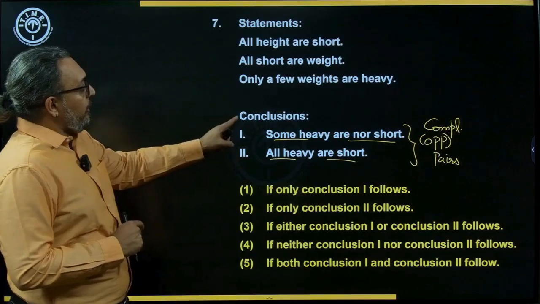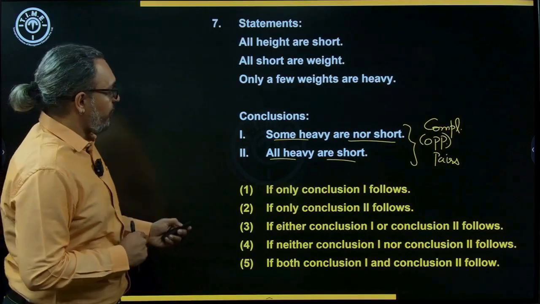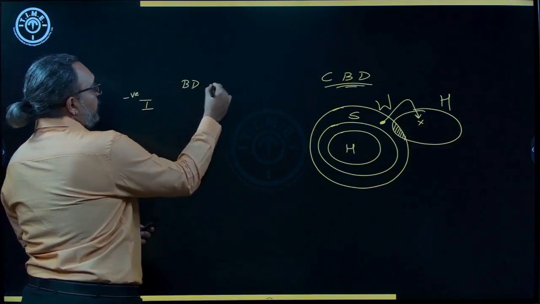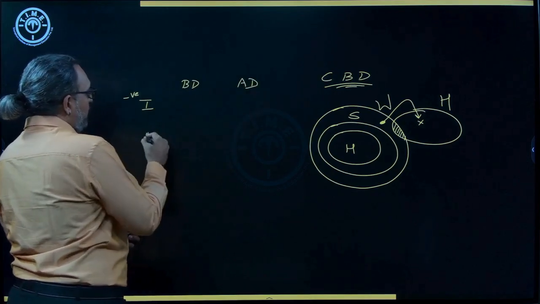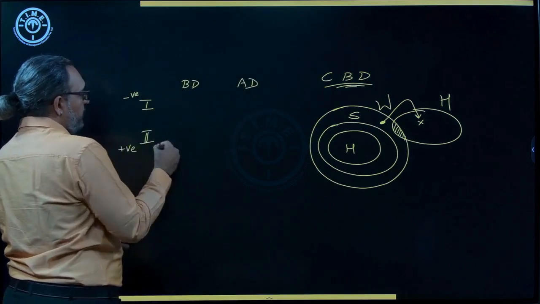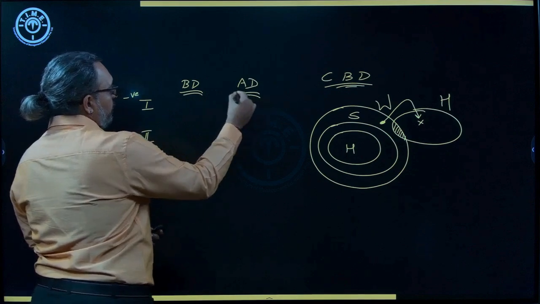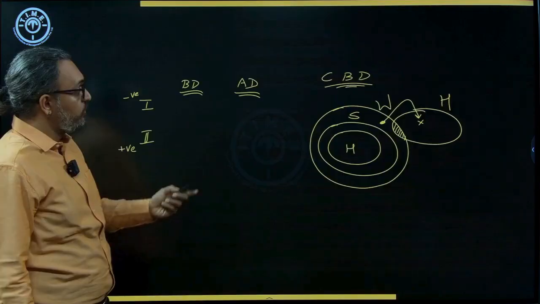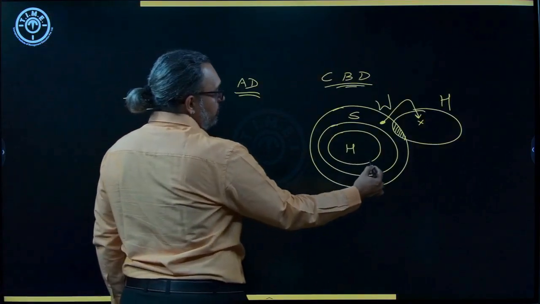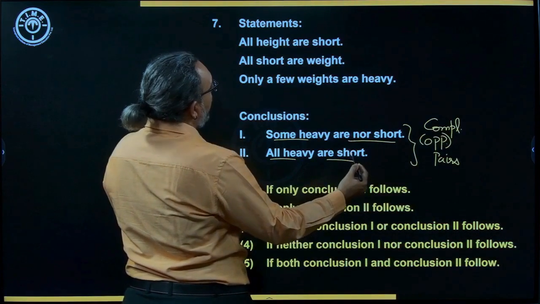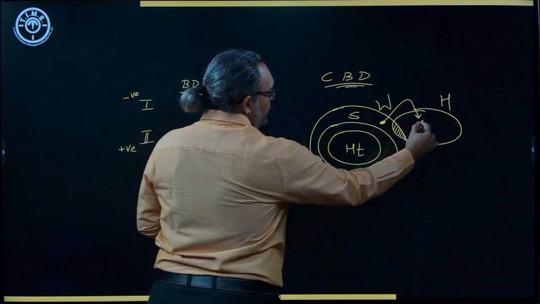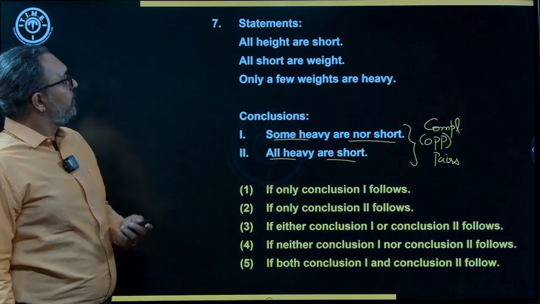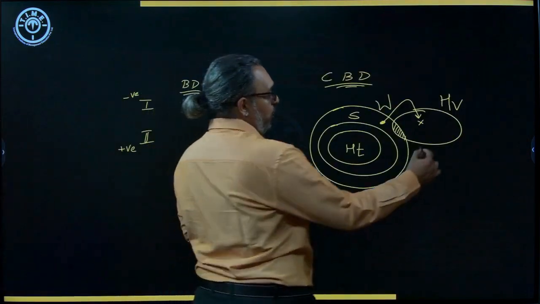Okay. Now, first let's start with the negative. The first one, negative, we will check in the basic diagram. The second one, which is the positive, the complementary, we will see how this goes. Now, first one is some heavy are not short. Check here. Okay, there are two, height and heavy. So this is height, this is heavy. So some heavy are not short.